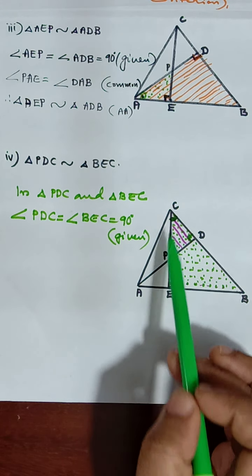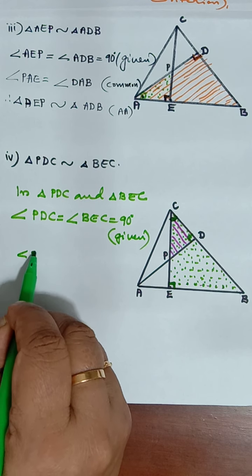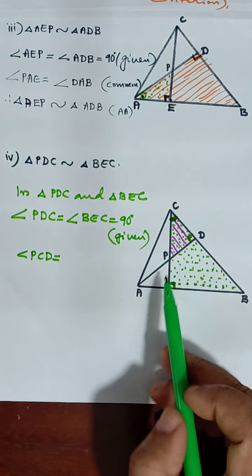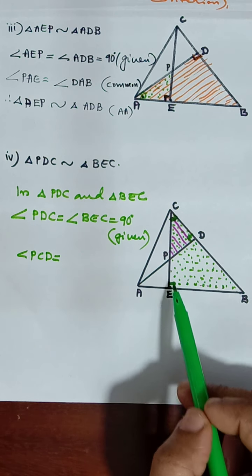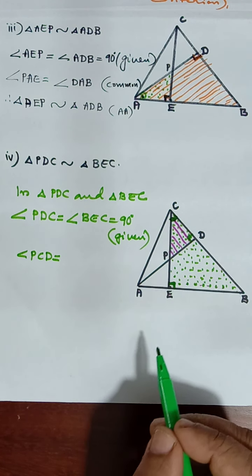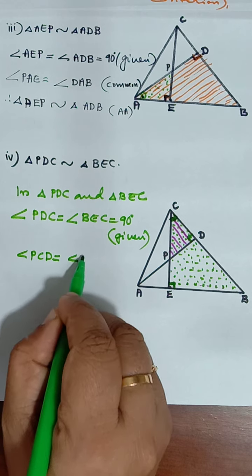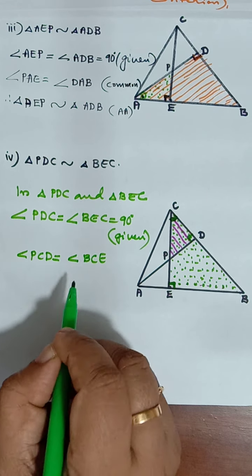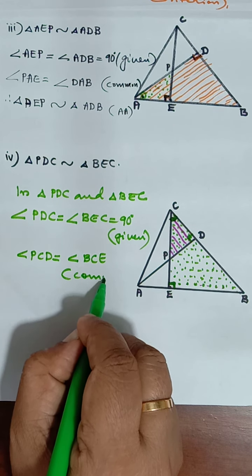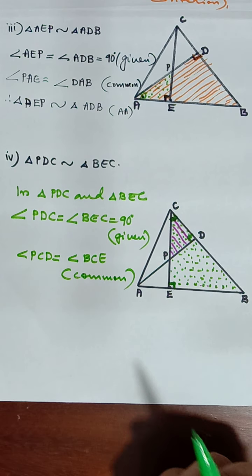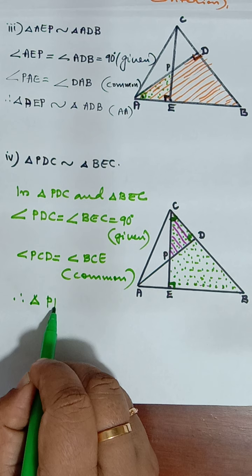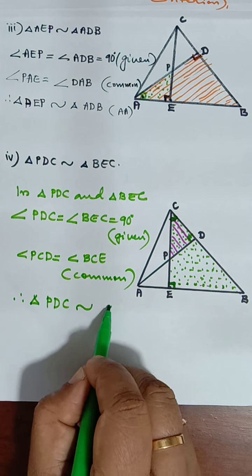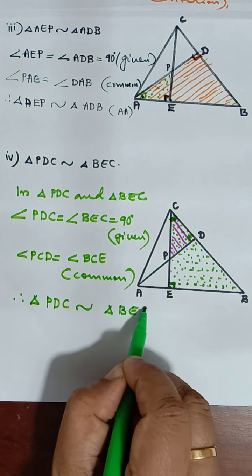That is, angle PCD equals angle BCE. This C is common for both the triangles. Angle BCE, which is common. Here we can write, which is common. Therefore, triangle PDC is similar to triangle BEC.